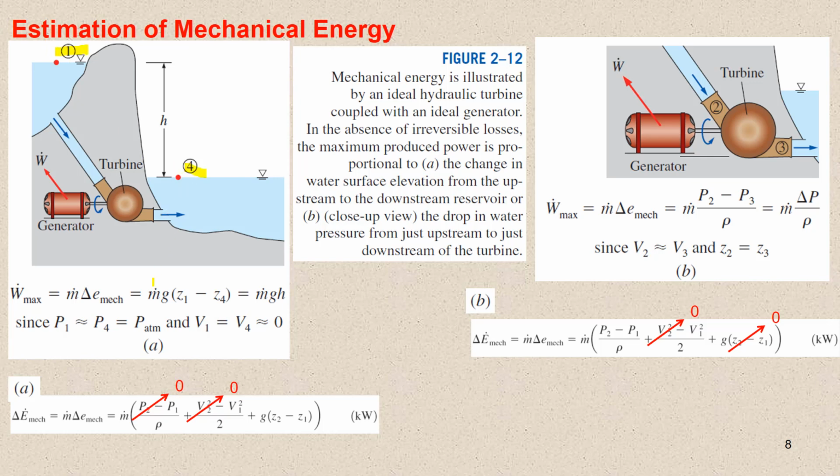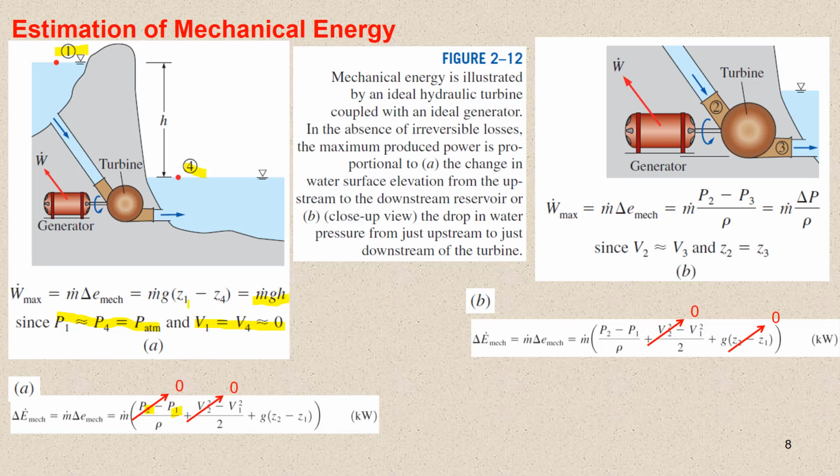P1 is equal to P4, or the pressures of those two points are equal since they are exposed to atmosphere. And the velocity V1 is equal to velocity V4 since the fluid is stationary between the two points. And the work done would be equal to m dot g h.